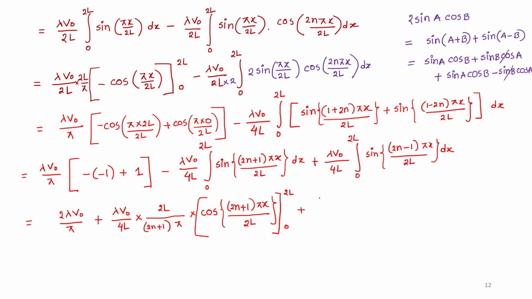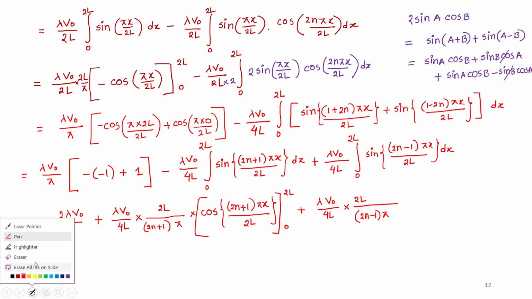So we have lambda v0 by 4L into 2L over (2n minus 1) pi. Again, it will become plus, will become minus, right? As it will give you minus cos.